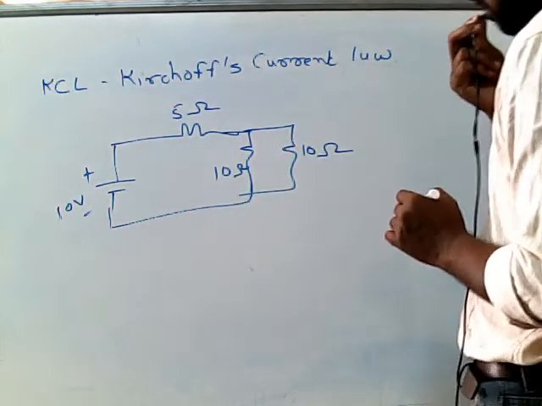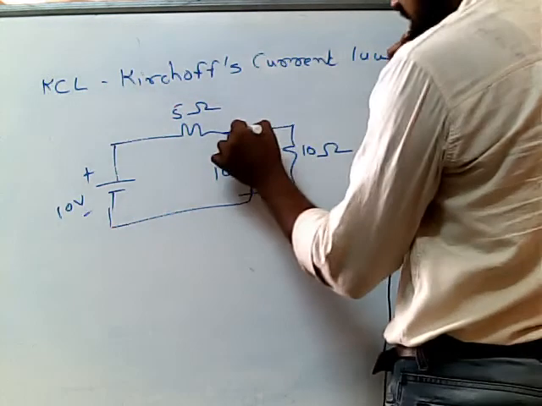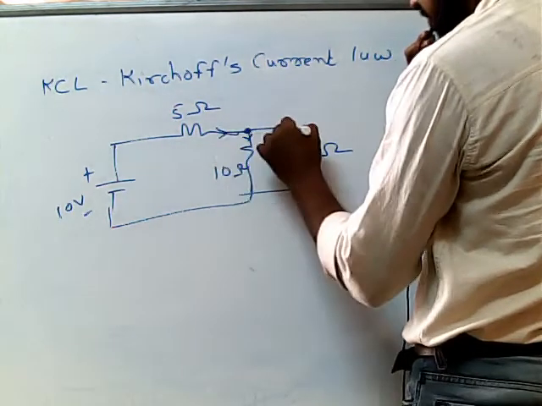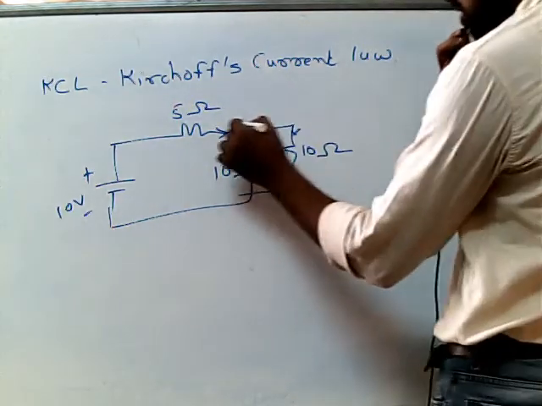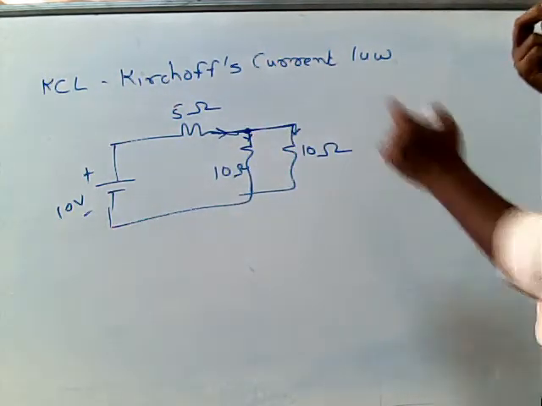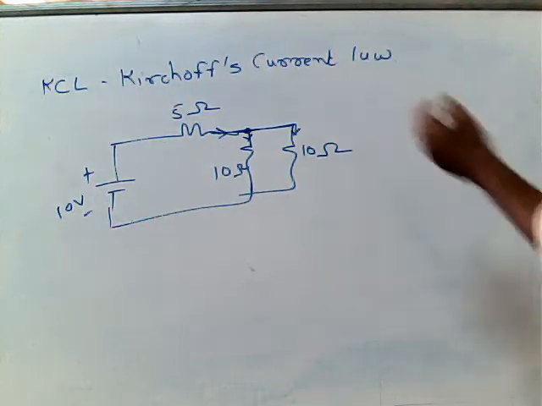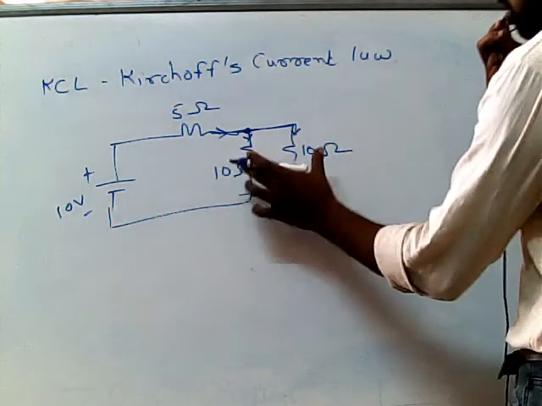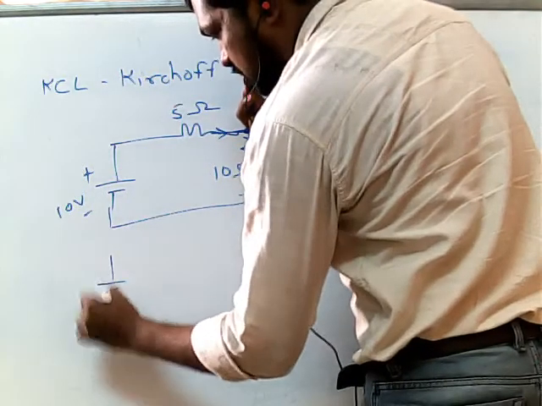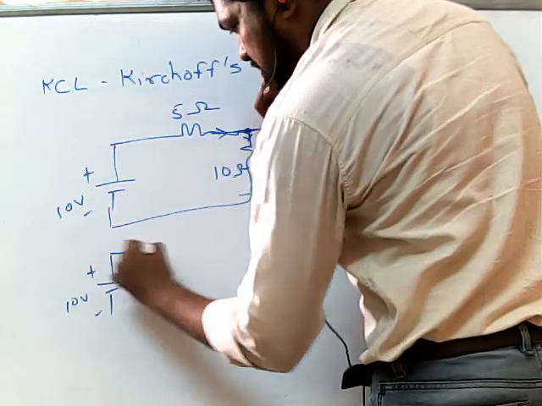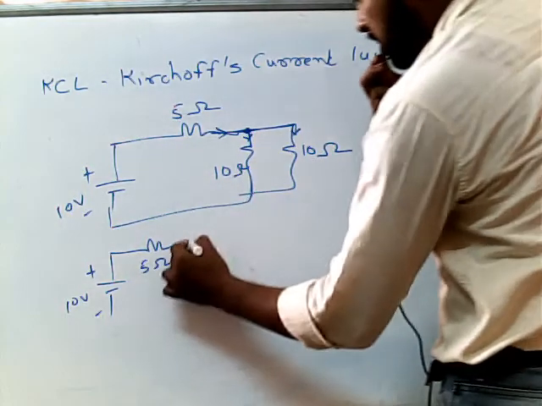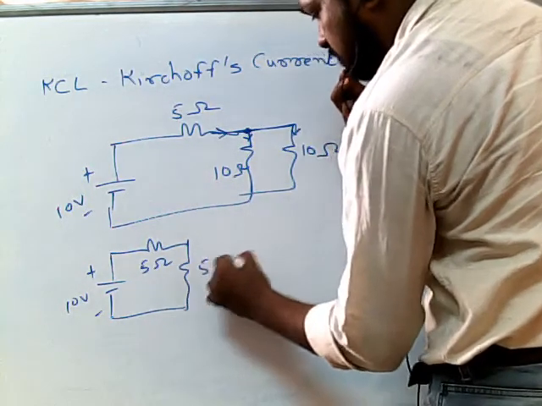Whatever current is coming through this node will be the same as this current, because this is the incoming node, and these two are the outgoing branches. To prove this we have to find the current. These two resistances are in parallel, so if I draw this circuit again, this is 5 ohm, and the parallel combination of 10 ohm and 10 ohm will be equal to 5 ohm.